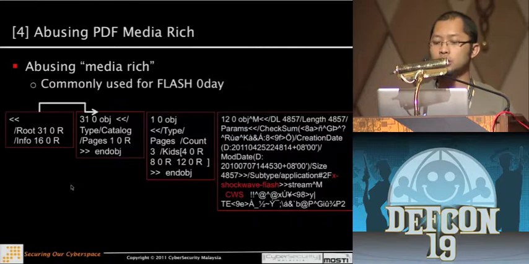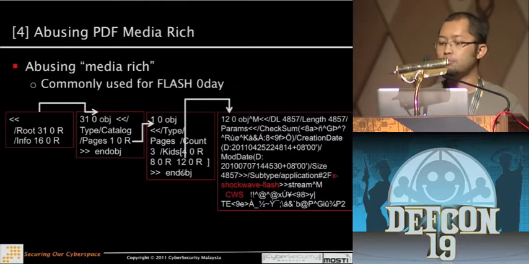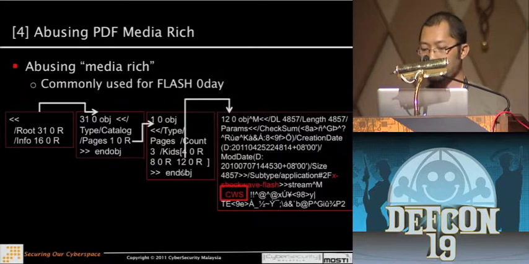You check /Root is pointing to object 31, and then object 31 has the Pages pointing to Page object 1. So you go to object 1 here, and then you have Page. And Page somehow has a reference to object 12. You go to object 12, and object 12 somehow has a Flash file on top of it. Okay.